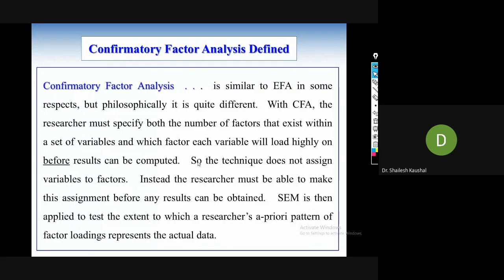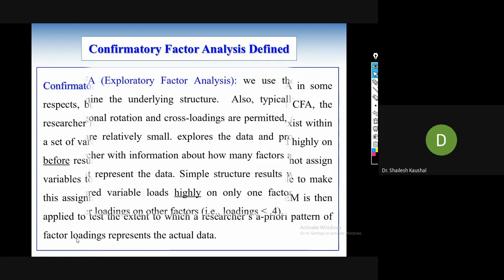So we should not use exploratory factor analysis before confirmatory factor analysis. The technique does not assign variables to factors. Instead, the researcher must be able to make this assignment before any results can be obtained. SEM is then applied to test the extent to which the researcher's pattern of factor loadings represents the actual data.